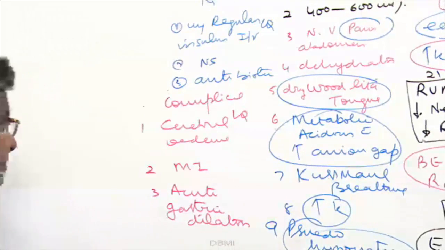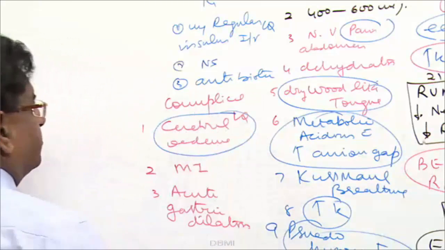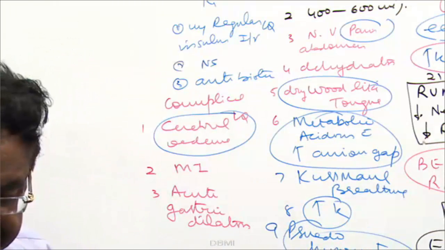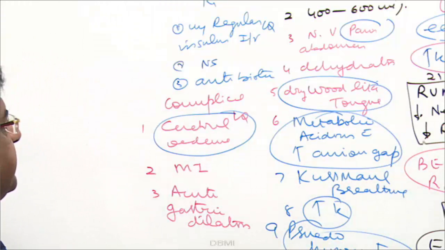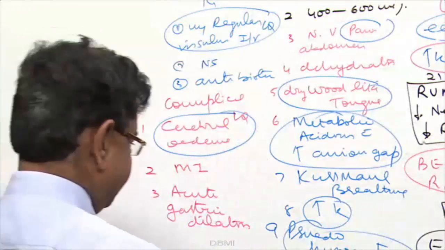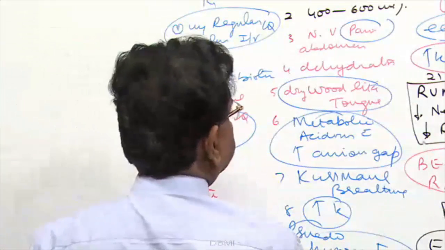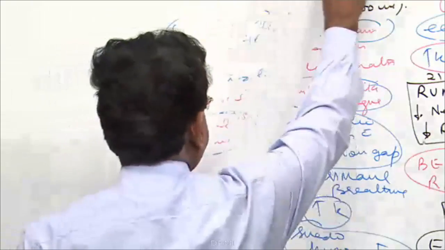These are some of the complications, but this is the latest question. Cerebral edema is the most dangerous complication of a case of diabetic ketoacidosis. So you got plenty of MCQs. We are getting plenty of MCQs here also. Okay, I think I can rub it out.